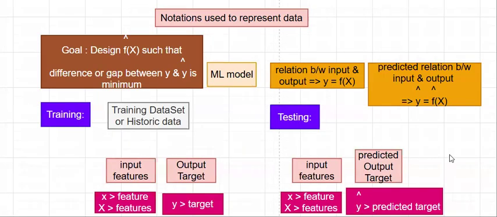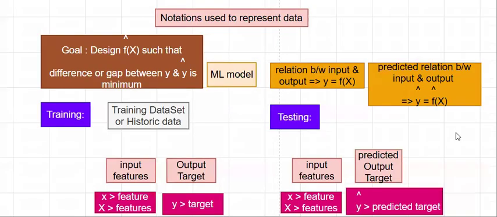We need to predict the target as exactly as possible, and we need to achieve the task efficiently. That's the main goal while designing any ML model. To predict the exact target, we need to minimize the gap between the predicted target and the actual target.